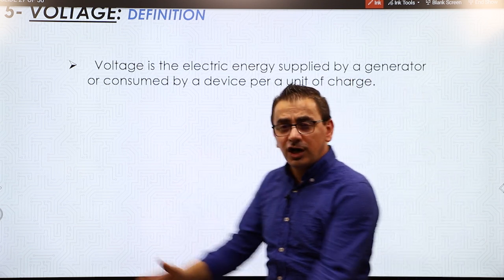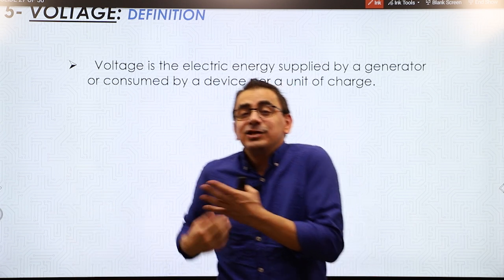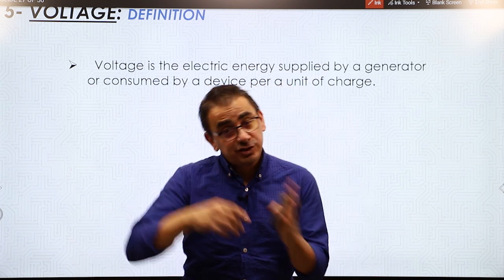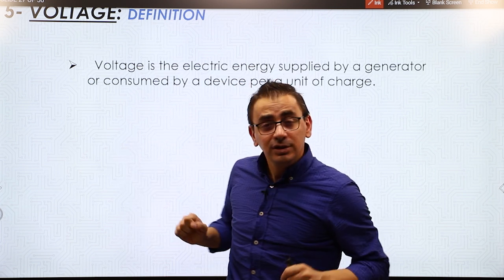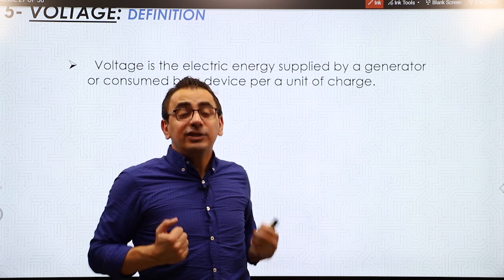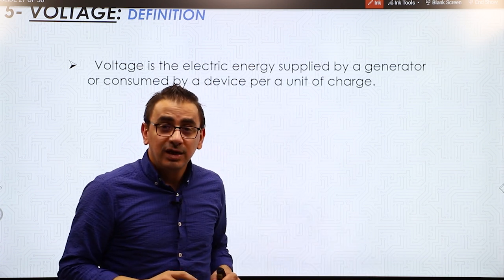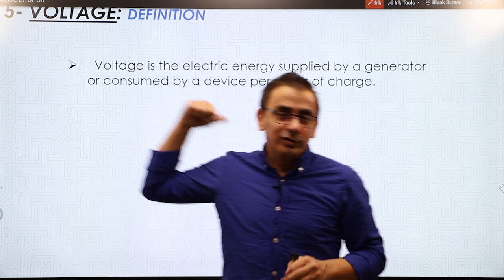So if I have a lot of electrons moving, electrons have charge. Charge has a unit. 1 unit of charge, which is the coulomb, which is not covered now, requires an amount of energy to move. I need some energy to push this 1 coulomb. This energy is called voltage.